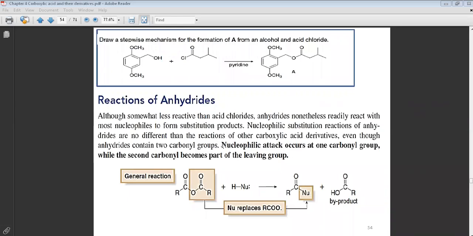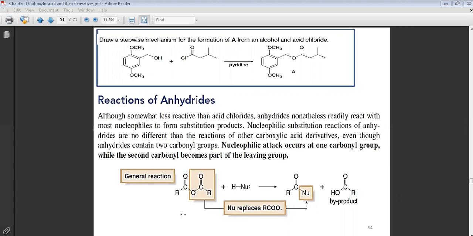That means this nucleophilic attack occurs at one carbonyl group. For the anhydride, we have two carbonyl groups, this and this. The nucleophile will attack either this carbonyl or this carbonyl, one of them.